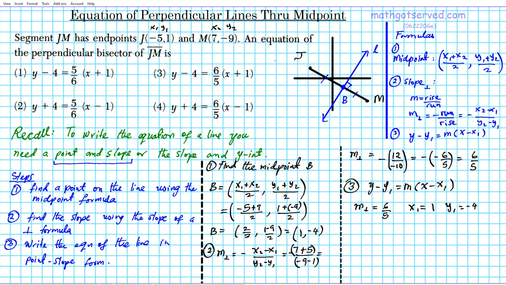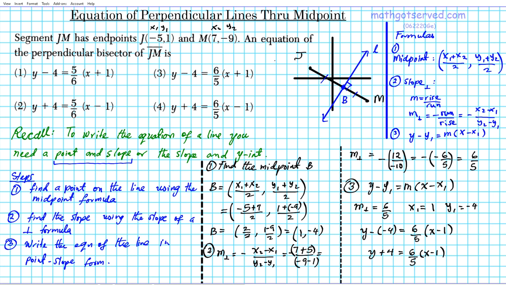This is the point that we're using to write down the equation of the line, the midpoint. So put all this together into this formula. We're going to have y minus negative 4 equals 6 over 5 times x minus 1. Simplify that a little bit. We'll have y plus 4 is equal to 6 over 5 times x minus 1.